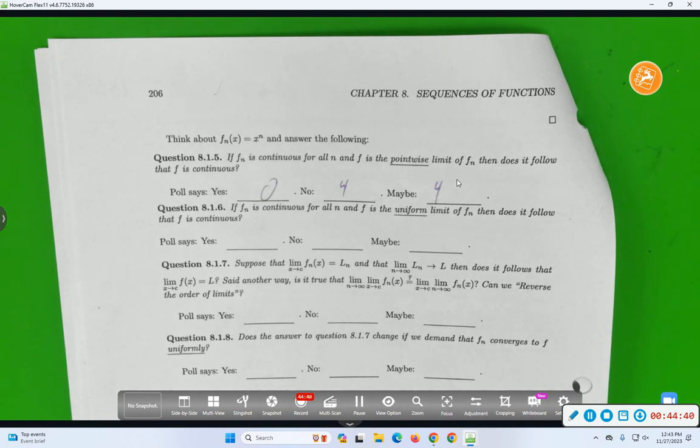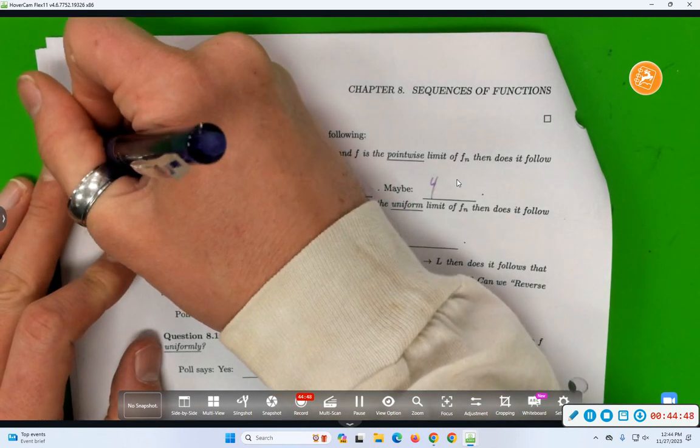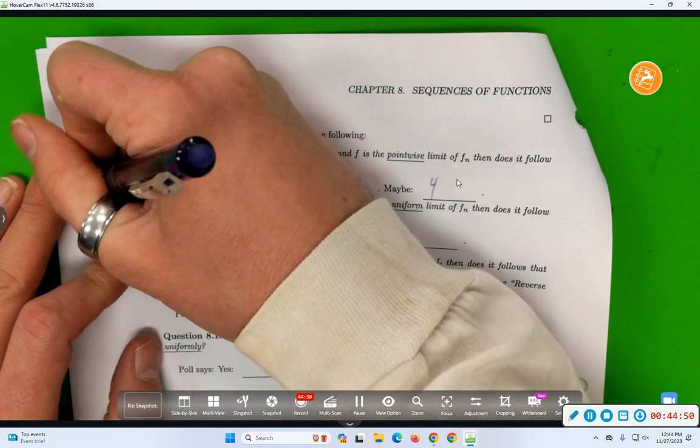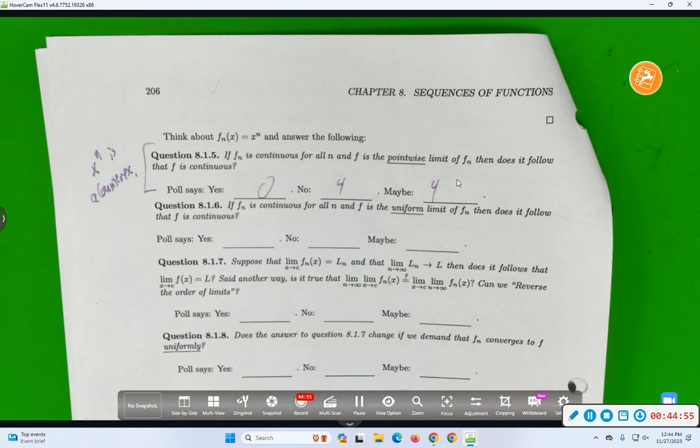So that sequence of functions is an explicit counterexample to this one. So that's one that you could answer definitively.